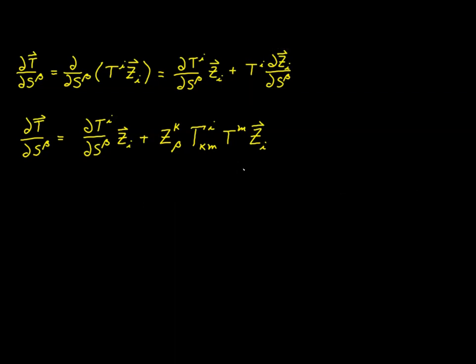Okay, so the next thing we can do is, since we have zi in both terms here, we can factor that out and use what's left to define the surface covariant derivative as it relates to a contravariant vector component with an ambient index.